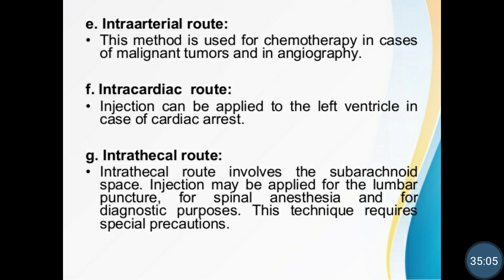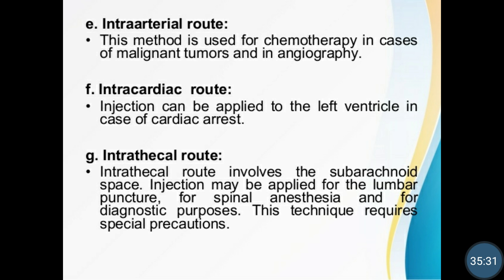Then the next route is the intra-arterial route. Similar to the intravenous route, these injections are given in the arteries, and are occasionally used for an immediate effect in the peripheral areas.